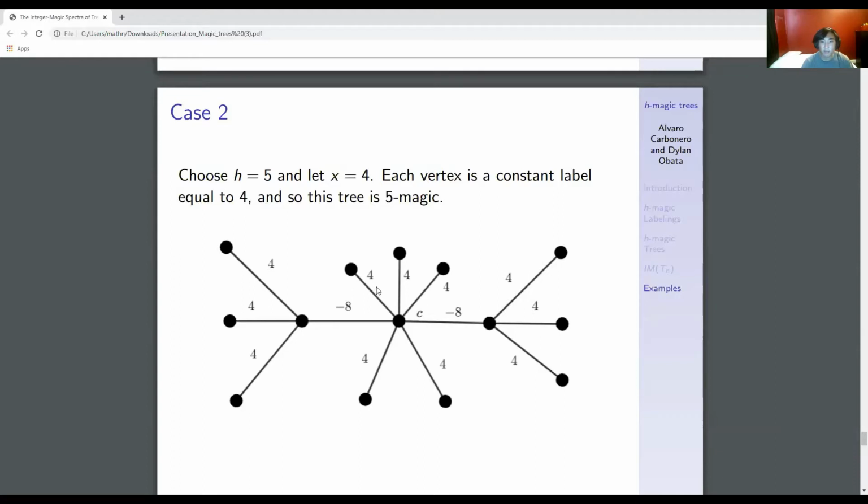Finally, the center labeling will be 4 plus 4 plus 4 plus 4 plus 4, so 20 minus 16, which is 4. Modding that by 5 will result in 4 as well. So as we can see, the labelings for all of the vertices in the graph is going to be 4. And so this graph is 5 magic.